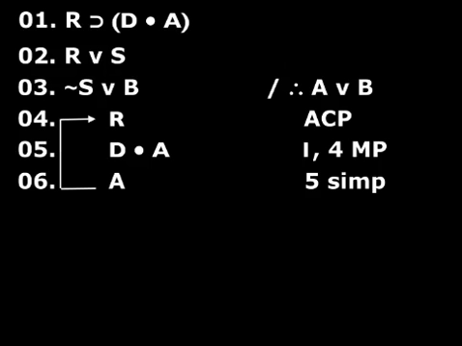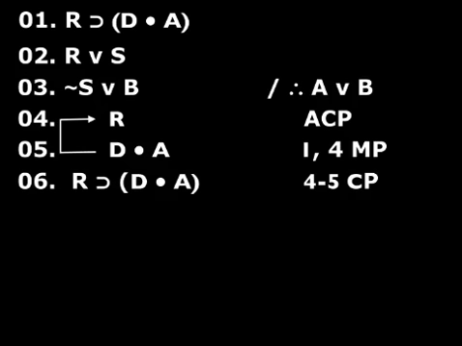Well, let's go back to our proof here. At this point, I assumed R, I managed to derive A, and I ended it there to get if R then A. Now I could have ended it at line 5, right? And if I did end it at line 5, I would have had this conditional, if R then D and A, which would have been fine as far as conditional proof goes.